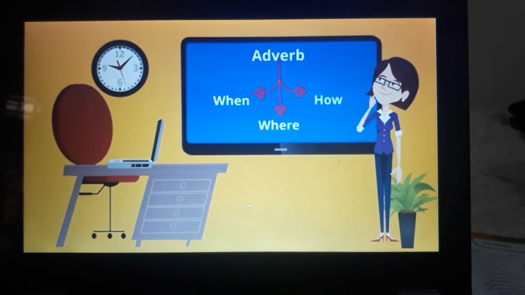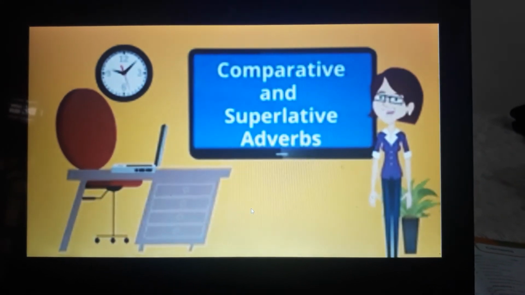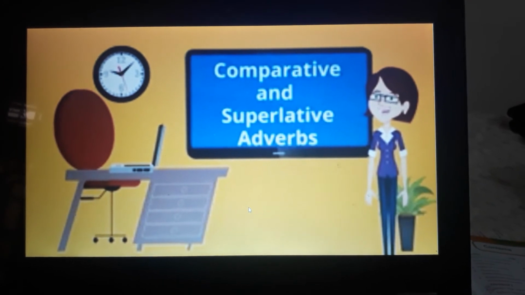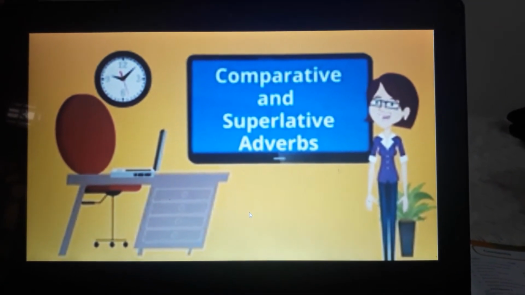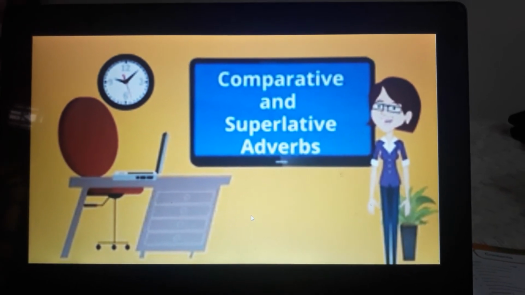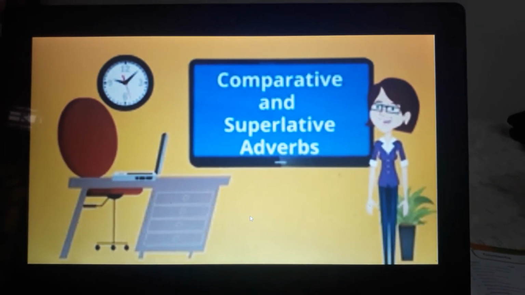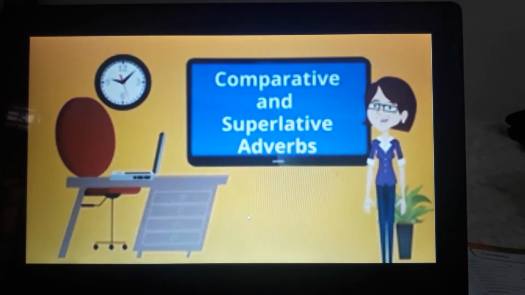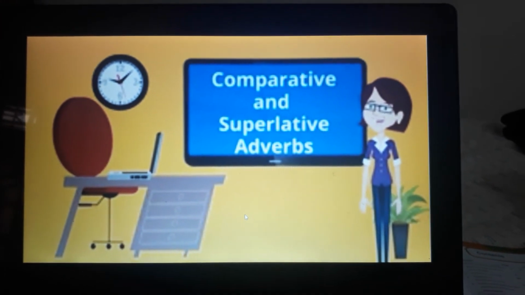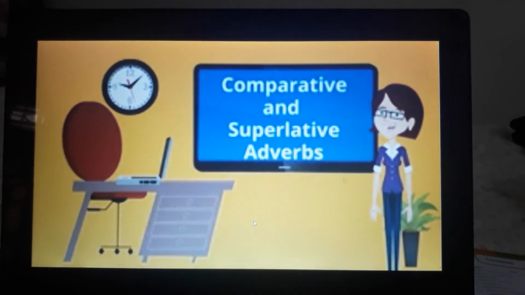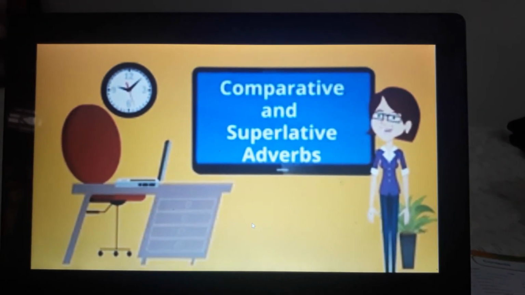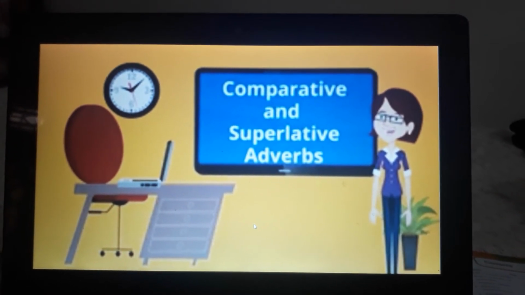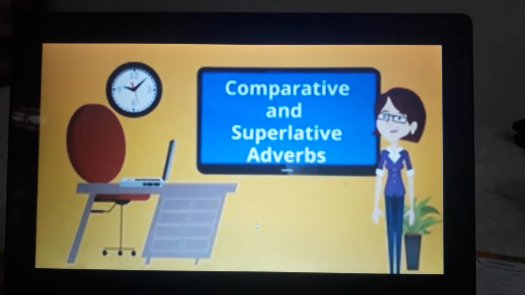Then we have degrees of comparison like comparative and superlative degrees. Comparative degree means the comparison of two things and we use then for that. And superlative degree means that we are comparing a single thing among a whole class or among a group, etc.